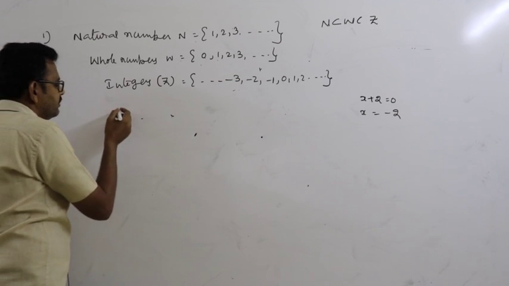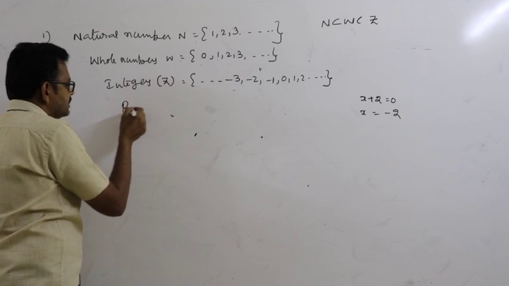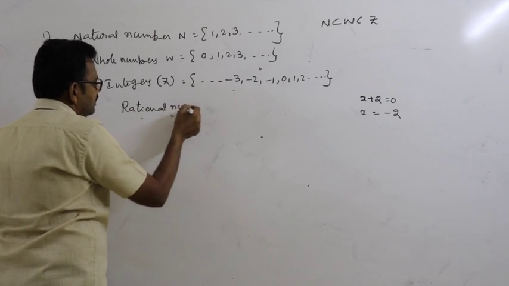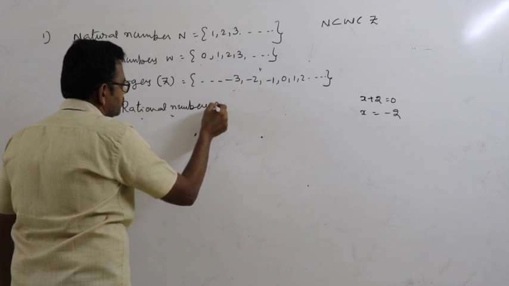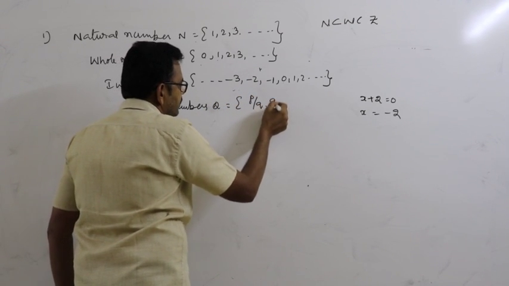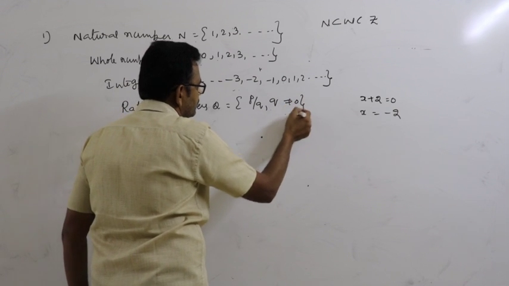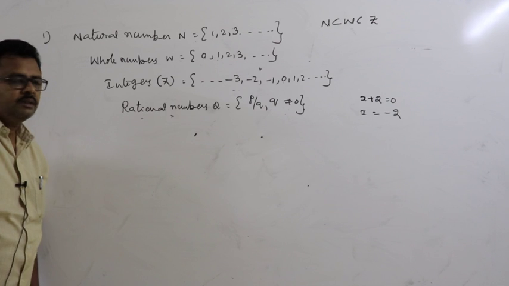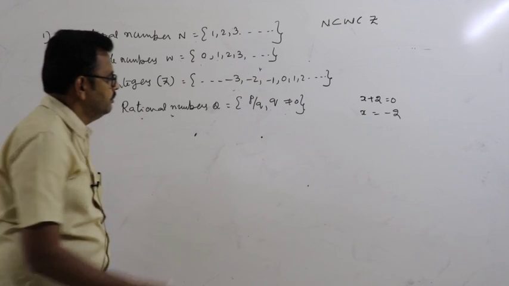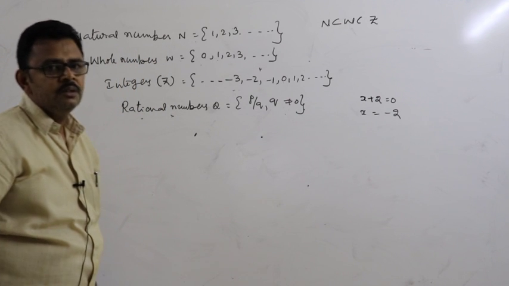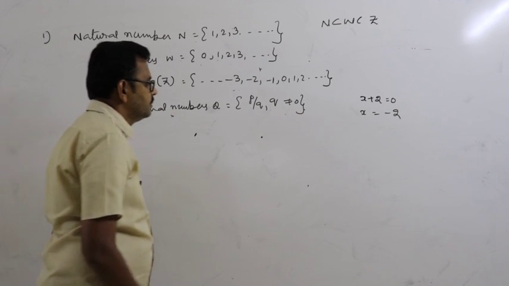Next one, set of all rational numbers, Q. A rational number is of the form p by q where q is not equal to 0.